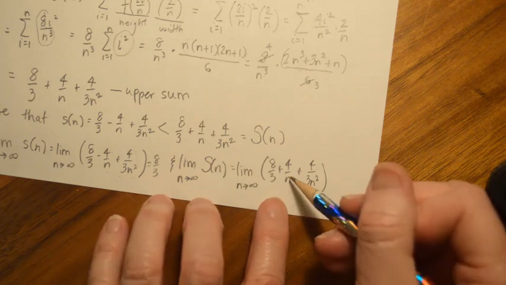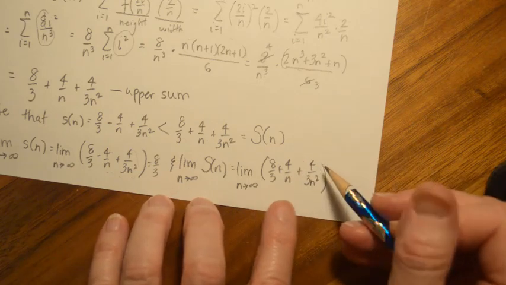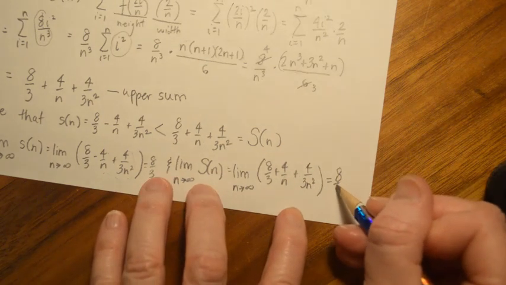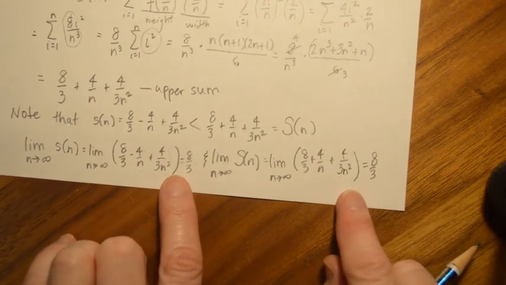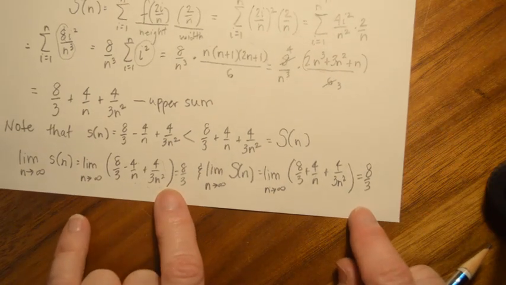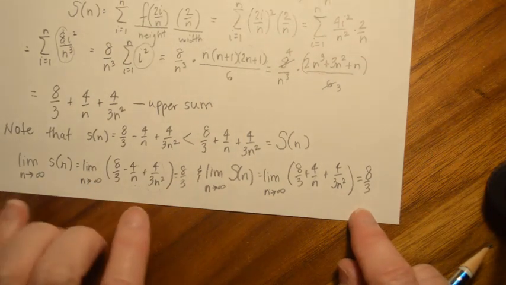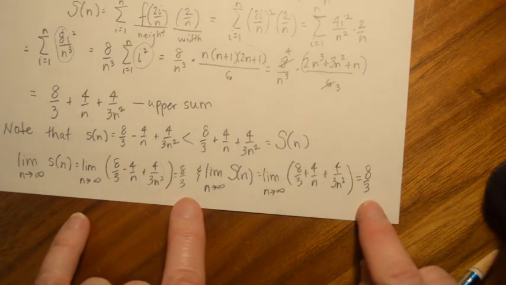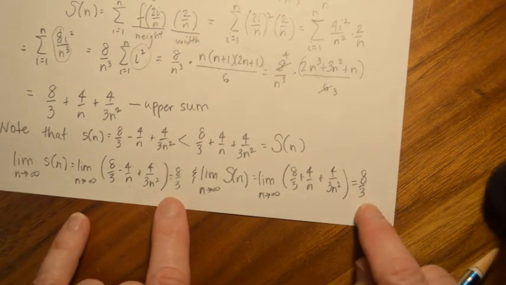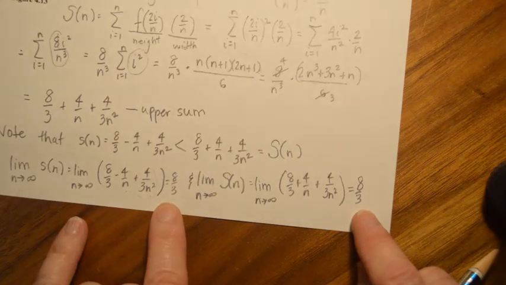As I let n go to infinity, this goes to 0, this goes to 0, and I end up with 8/3. What that means is that the true area under the curve, since the lower bound is 8/3 and the upper bound is 8/3 and they match, is the exact area under the curve.